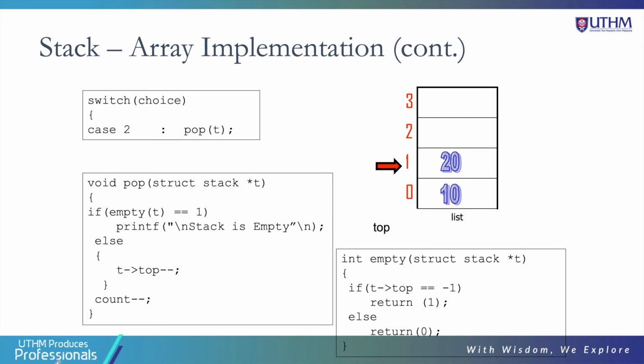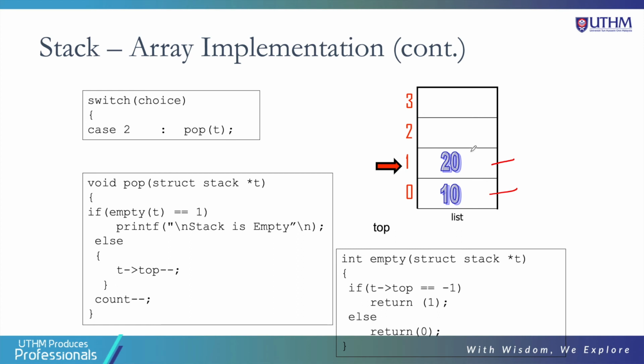Okay, let's move on to the second part, which is pop. Just now the user did two push operations. The first one, the user inserted 10, and the second one, the user inserted 20. So next the user wants to remove.